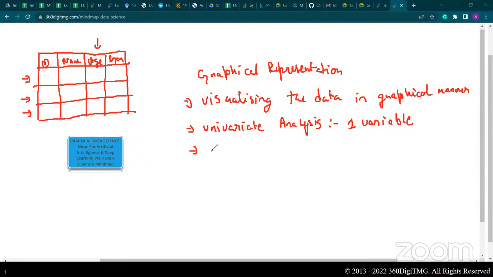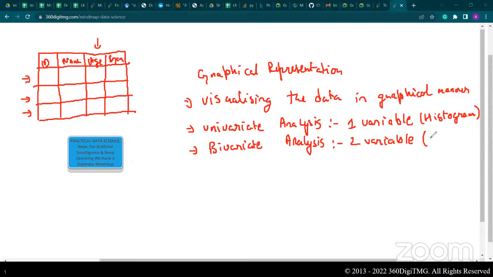And then let's say we also have bivariate analysis. In this, we are taking 2 variables. All right. An example for univariate analysis is a histogram. All right.